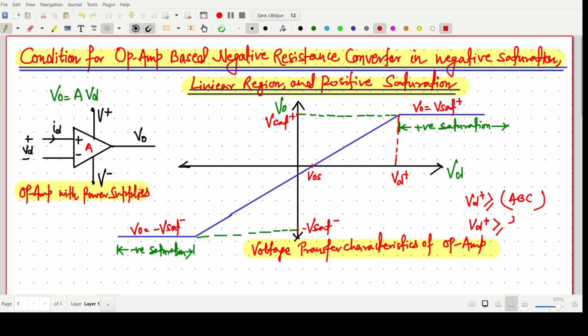Better to write Vd plus will be greater than some function of V sat plus, V naught S and A. This Vd plus will be a function of these for positive saturation, that we have to find.